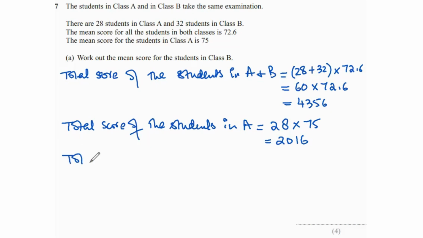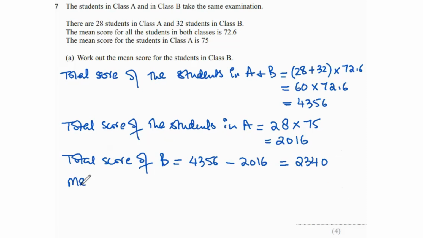So total score of B is going to be 4,356 minus 2,100, and that's going to give us 2,256.